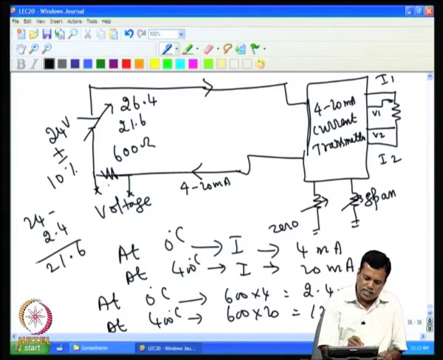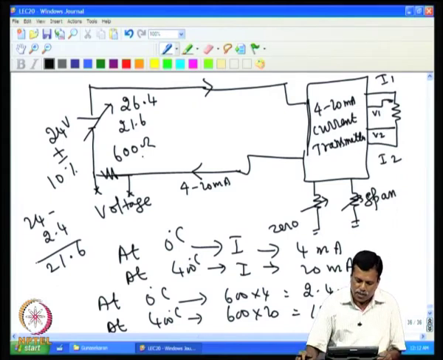And similarly, the resistance also they may not keep constant all the time, the resistance varies from 100 to 600 ohms.